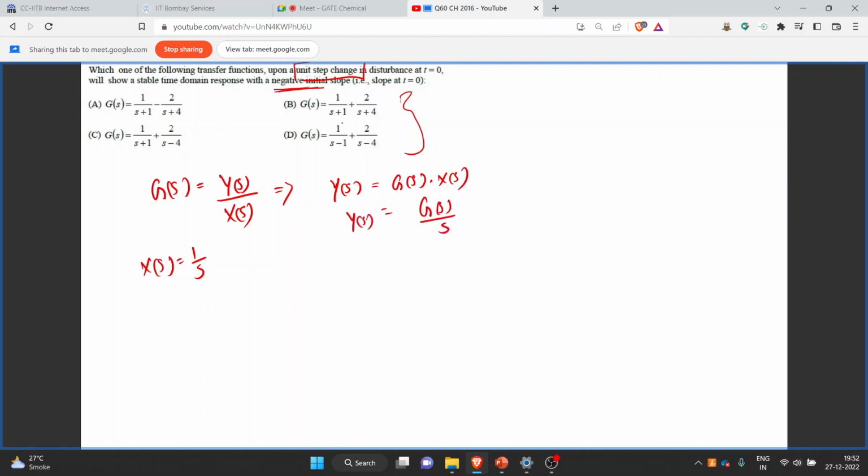Now we have to find the slope in the time domain, that is, which of the following will show a stable time domain response with a negative initial slope. In order to find the slope at any given time t, let's call it m, it will be equal to the derivative of the response in the time domain, that is dy by dt.